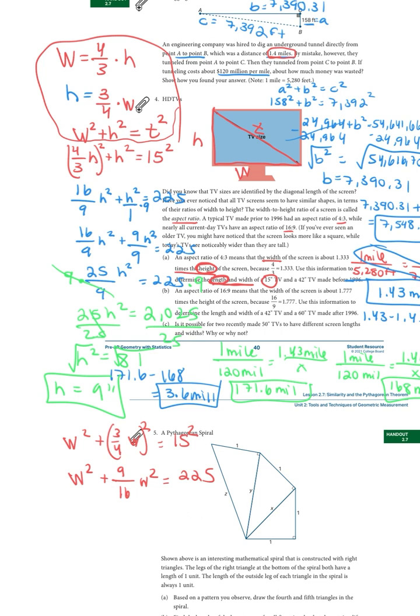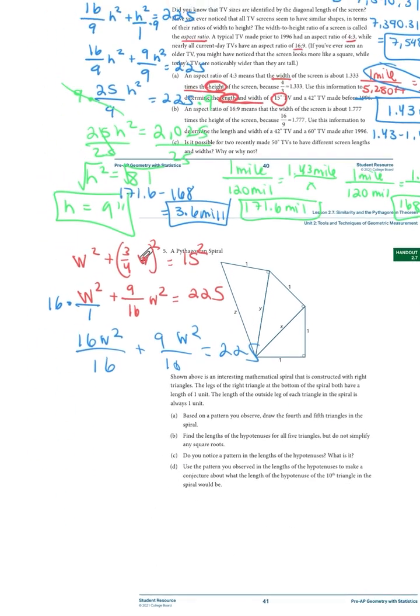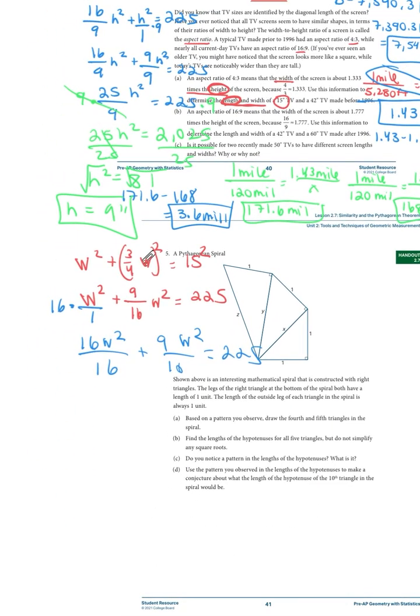So then same thing, put this over 1, and then we multiply it by the common denominator. So 16 times w is just 16w squared over 16 plus 9w squared over 16 equal to 225. And then 16 plus 9 is 25. W squared over 16 equal to 225, and solve for w. So you multiply by 16 on both sides to get rid of that fraction.